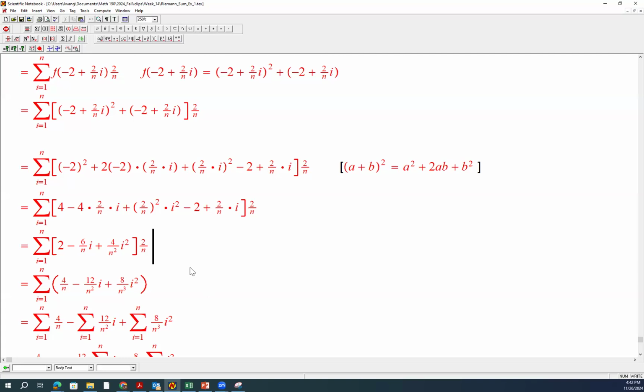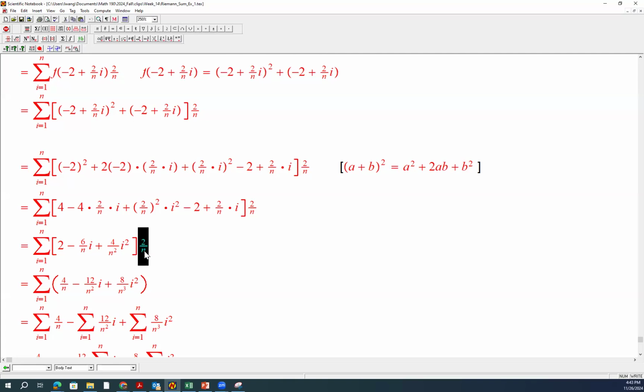By this time, what do we do next? Well, we want to separate the summation. But before we do that, we have to make it so that inside the summation there is only adding or subtracting.